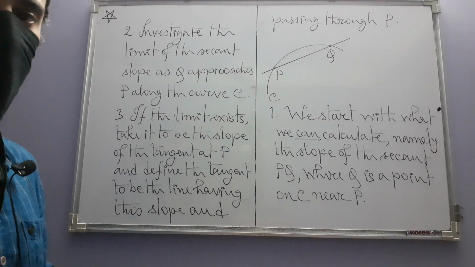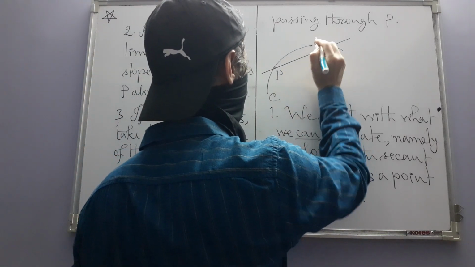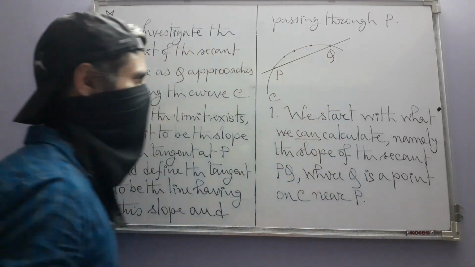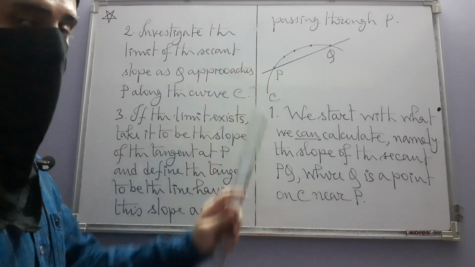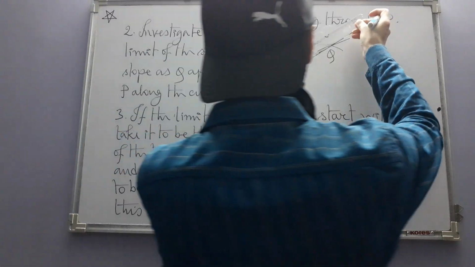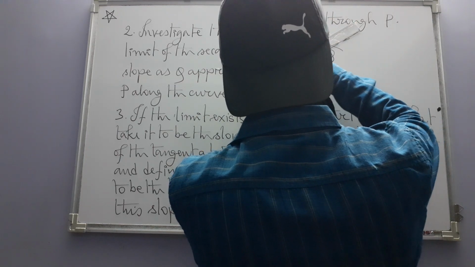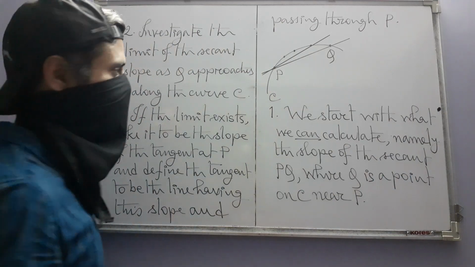This line has its own slope. Then you keep bringing Q closer and closer to P, keeping P fixed. And every time you choose a new position for Q, the secant changes. Its slope also changes.